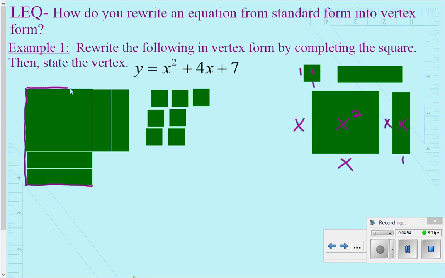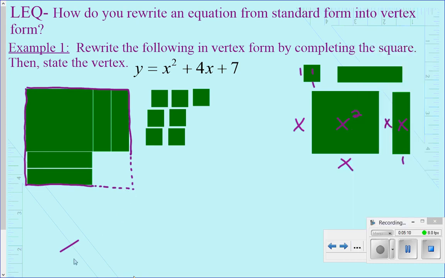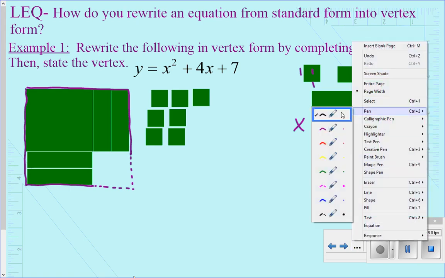Okay. I currently don't have a complete square yet because I need to complete it. I need to complete the square. But what I do have so far, I do have almost a complete square.